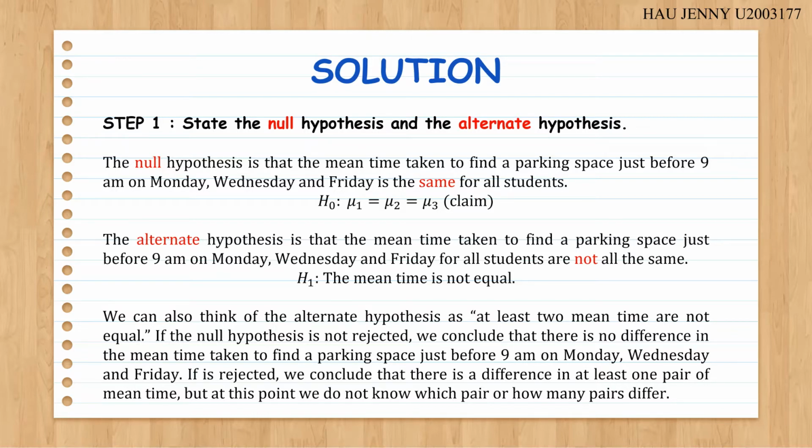If the null hypothesis is not rejected, we conclude that there is no difference in the mean time taken to find a parking space just before 9 a.m. on Monday, Wednesday, and Friday. If it's rejected, we conclude that there is a difference in at least one pair of mean times, but at this point, we do not know which pair or how many pairs differ.